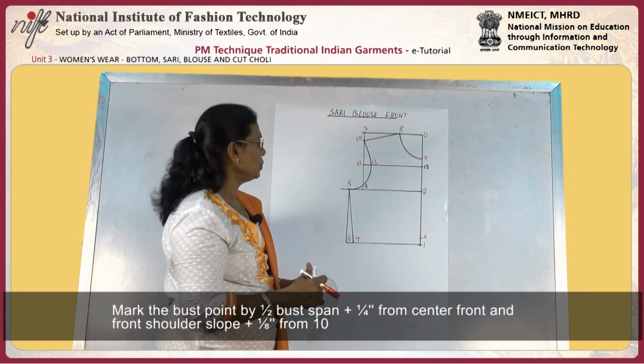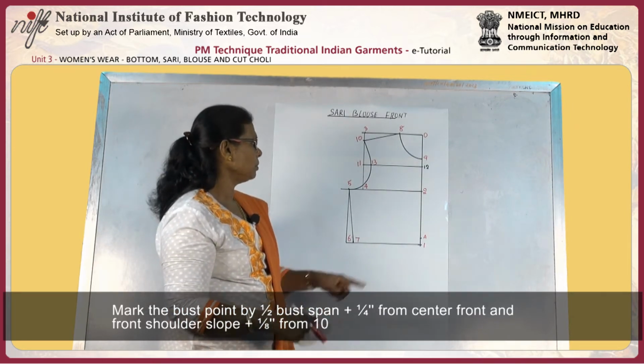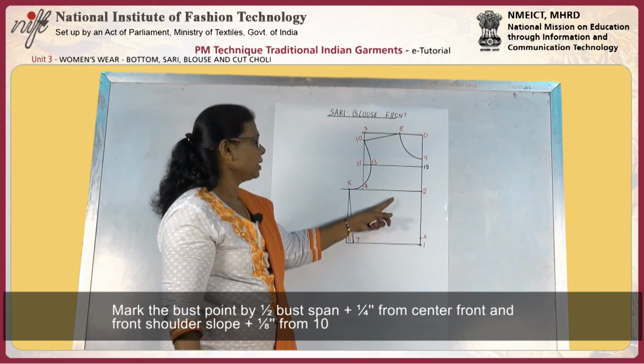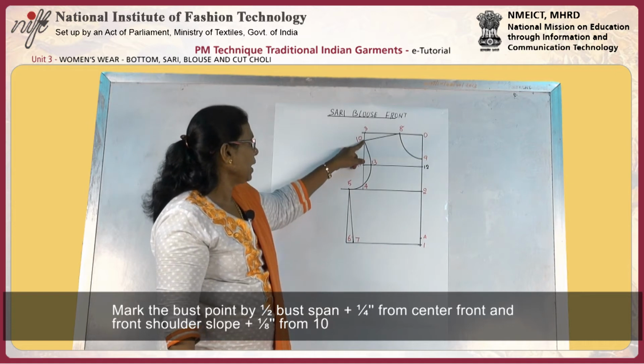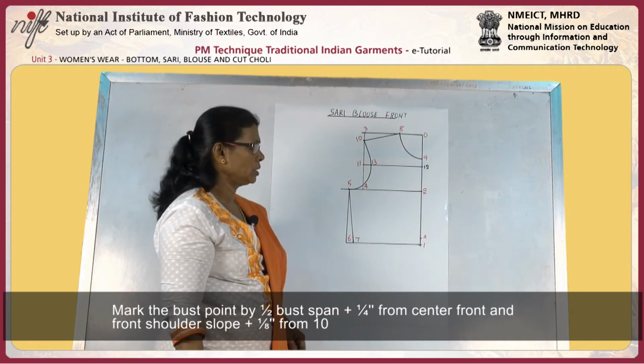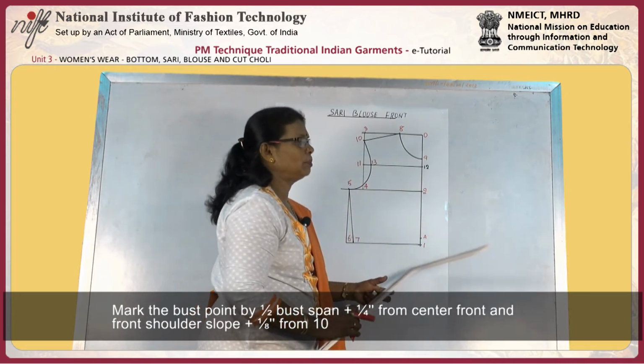Now, we should mark the bust point. Bust point, we need the measurement of bust span, the distance between the bust point to bust point, and the bust height from shoulder tip to the bust point. First, draw a parallel line with half of the bust span.